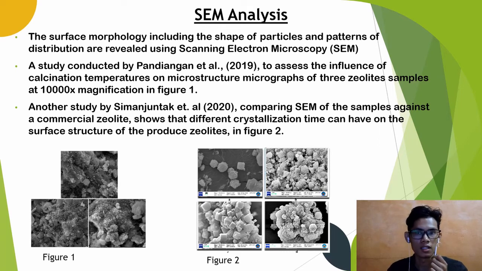Another study by Sima Junta compared SEM of the samples against a commercial zeolite and shows the difference that crystallization time can have on the surface structure of the produced zeolite in figure 2.